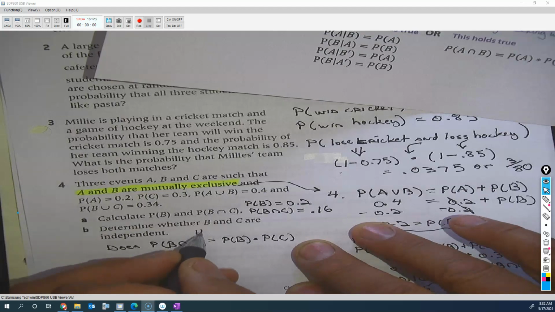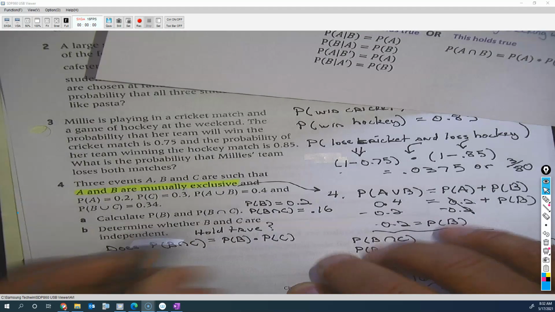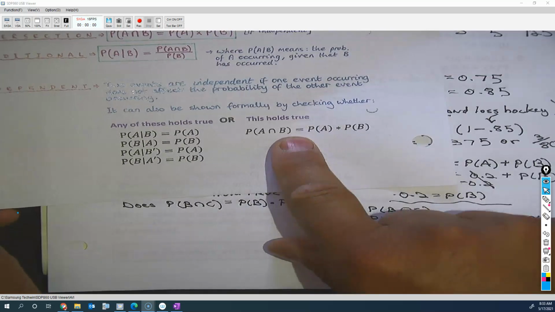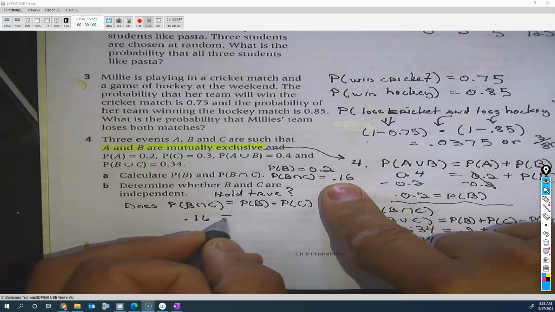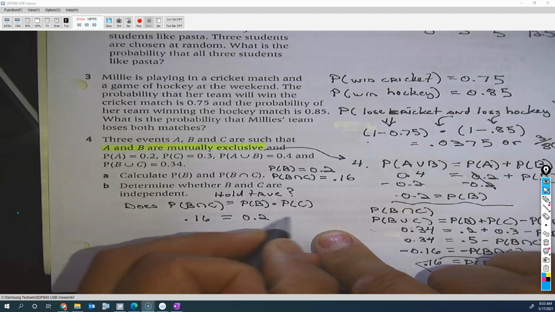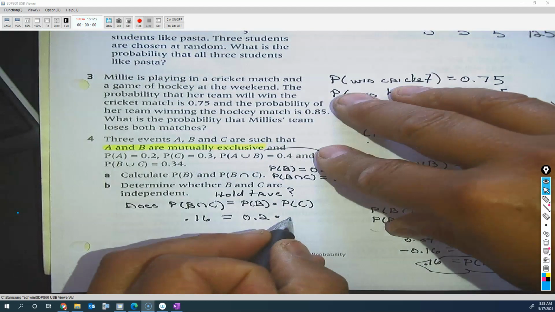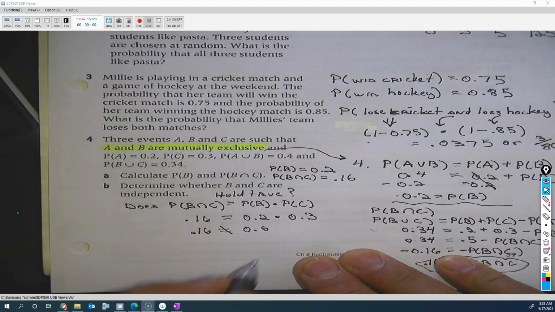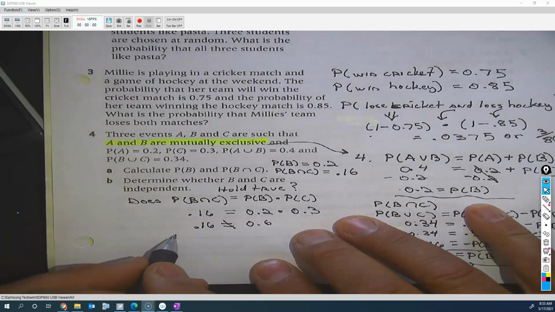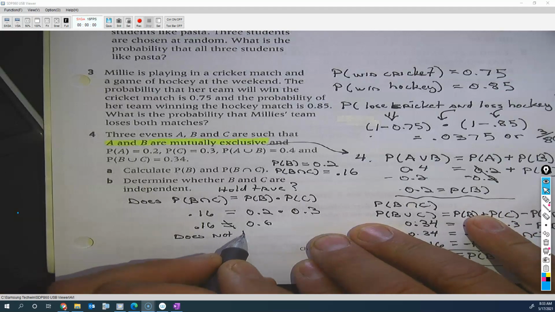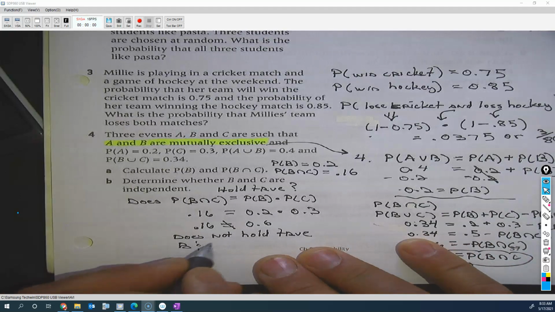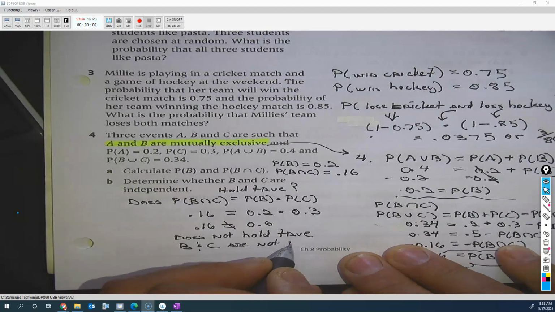Does this hold? So when we plug in, are they equal? And if they are, then they're independent. So I'm using this rule. Okay, let's see. This is 0.2 and 0.3. So we can see it doesn't hold true. B and C are not independent.